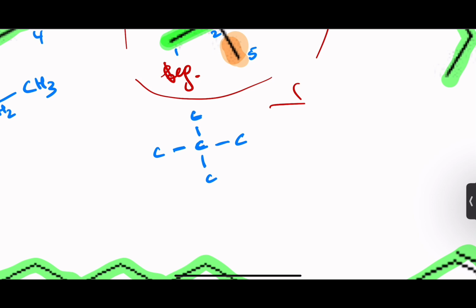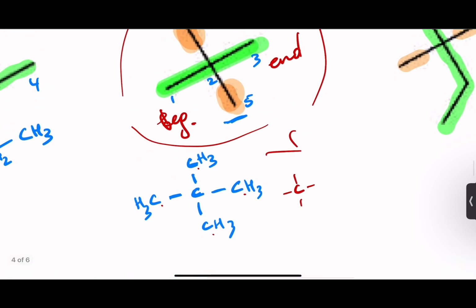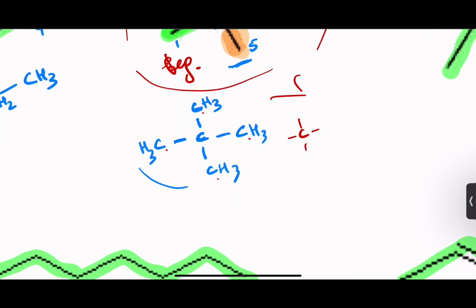But the carbons at the ends are left with 3 bonds to fill, because carbon needs to have 4 bonds. So I fill them with hydrogens, even though I cannot draw hydrogens in a line diagram, as you can see here. This is the condensed form.